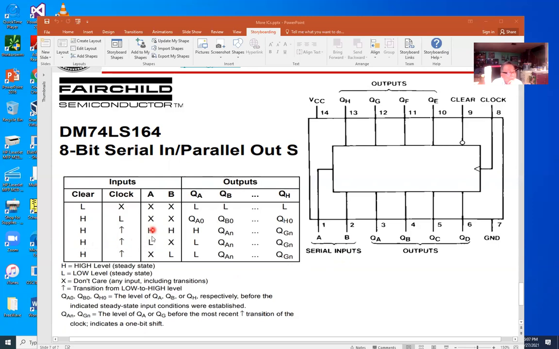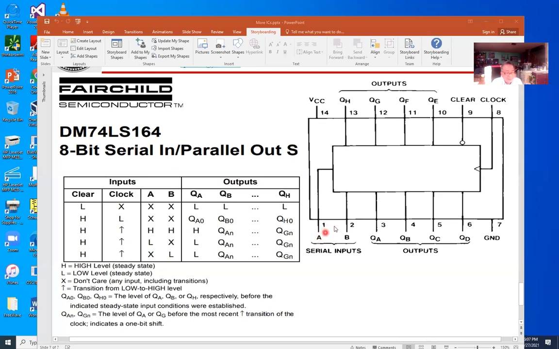A low, you get a clock, QA low. Or you can use B low and you still get low. But normally the way they design it, if they're using one serial data input, A and B are tied together.